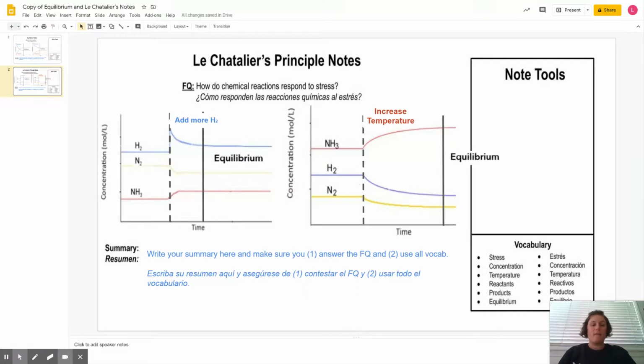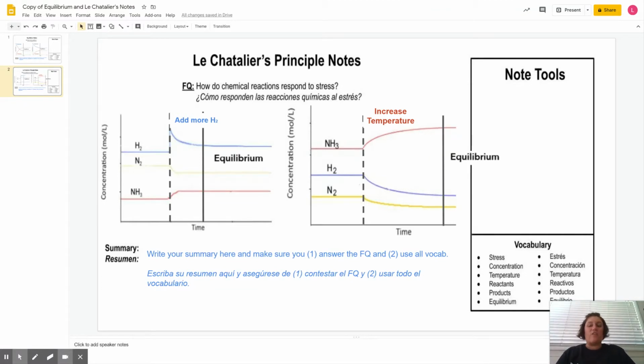Okay? So now what I would like you to do is answer this focus question. How do chemical reactions respond to stress? When we added more H2, when we increased the temperature, what does this graph show us that these reactants and products are trying to get back to? Okay? What are they trying to do again?